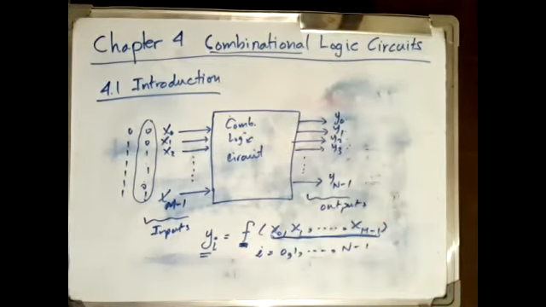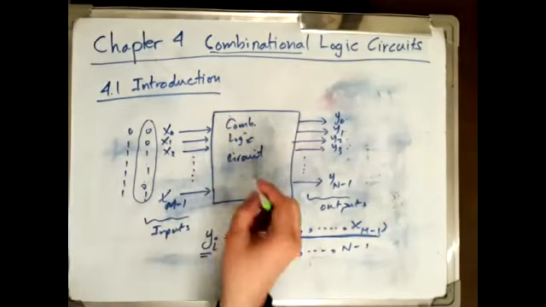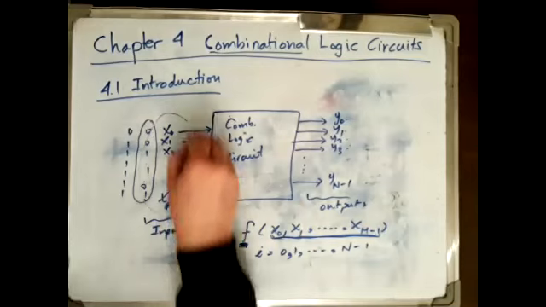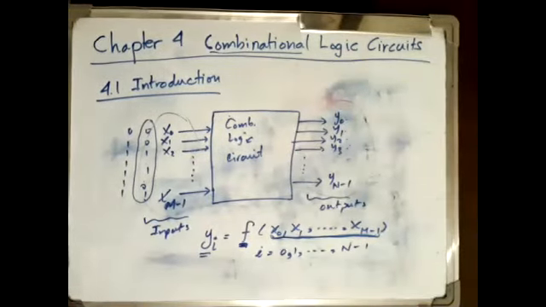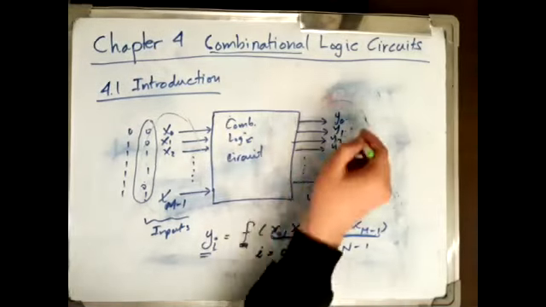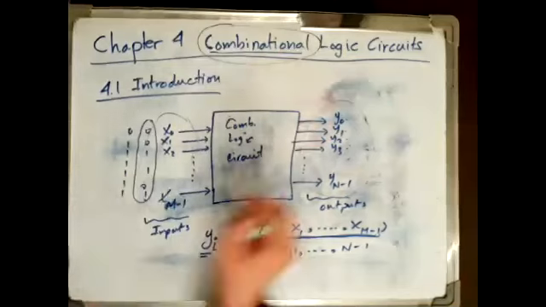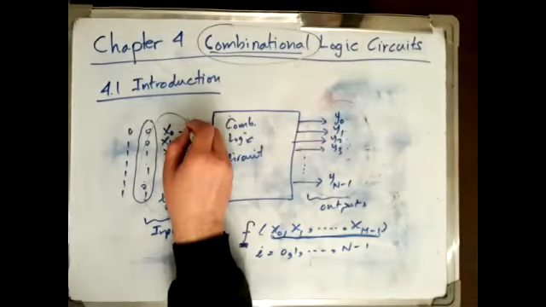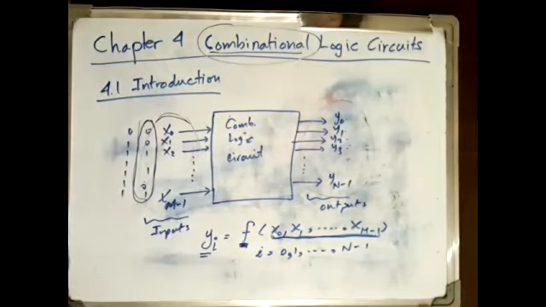So this is very important. Chapter 4 works with circuits that have inputs and outputs, which is trivial, since any system has inputs and outputs. However, the outputs in such circuits are only a function of the input combination. That's why they are called combinational.